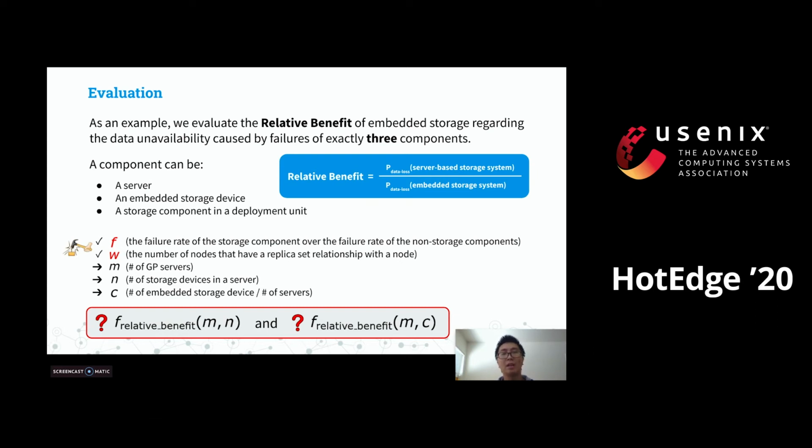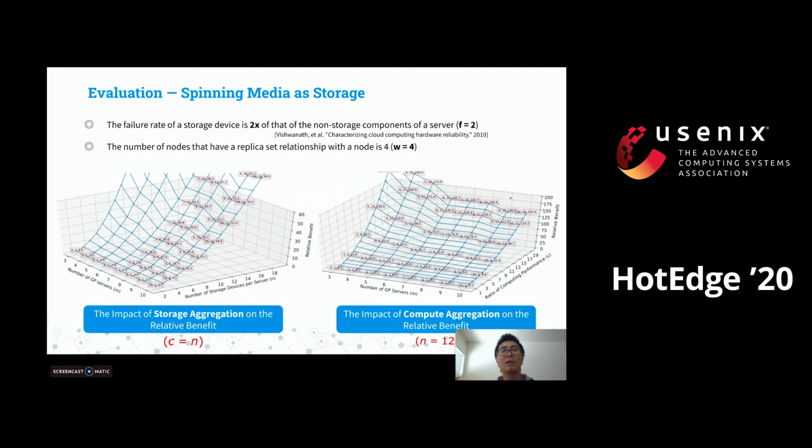The way we are going to evaluate the relative benefit is that we fix the first 2 parameters, F and W, and change the rest of the 3 parameters, so that we can evaluate the relative benefit as a function of M and N, as well as the relative benefit as a function of M and C. We found that different storage media have very different failure rates.